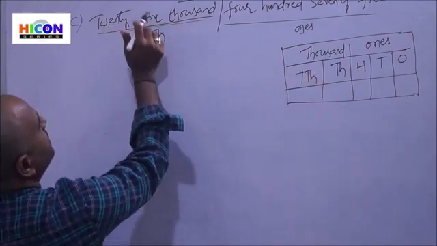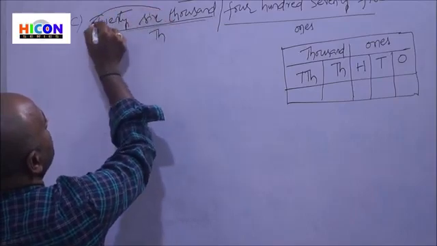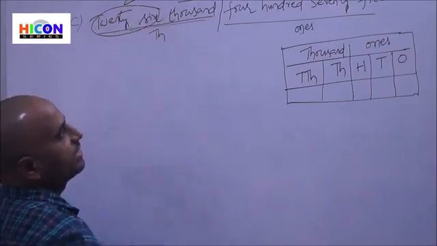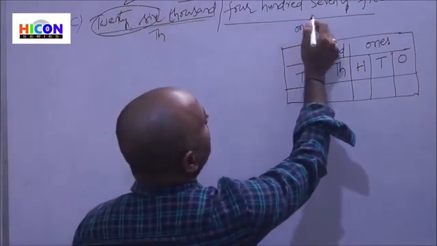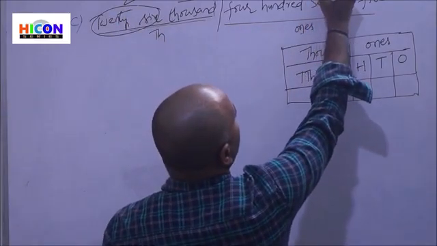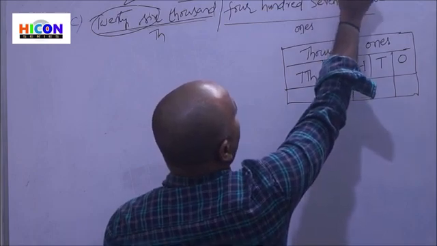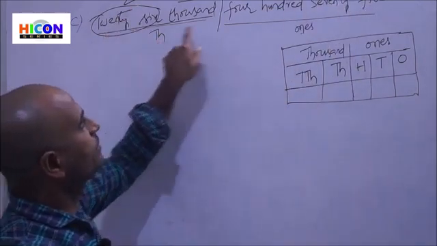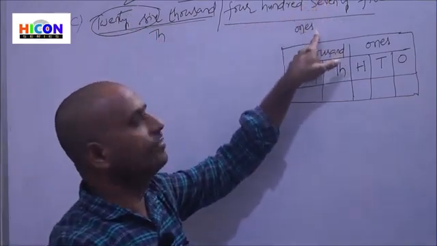So 26,000, write this as a number. And this is 475. So this is 26 in the thousands period and 475 in the ones period.